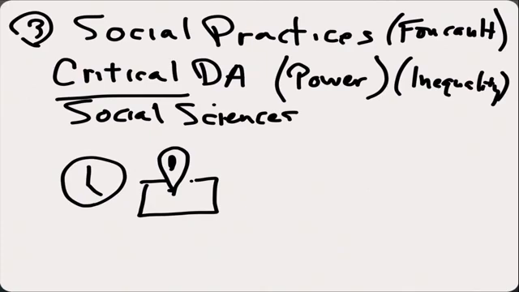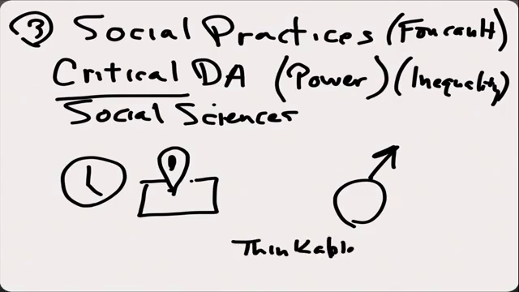So, for instance, we might talk about masculinity. So how does a particular society at a particular time understand masculinity, and what is thinkable and what is sayable about masculinity during that time period? So, for instance, masculinity in the 1940s has a lot of overlap with masculinity today, but discourses about the body and masculinity were very different.